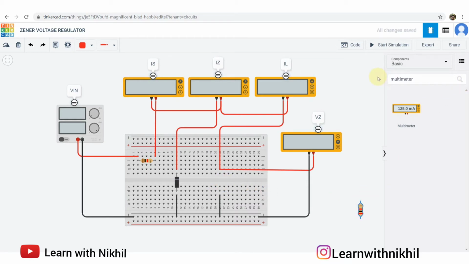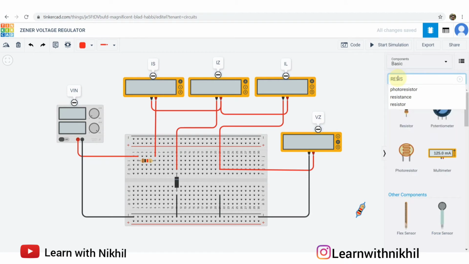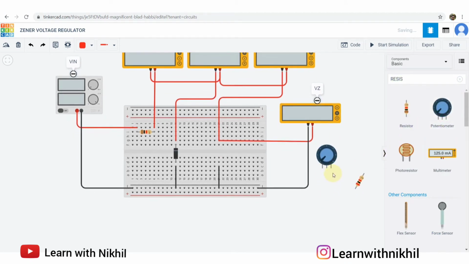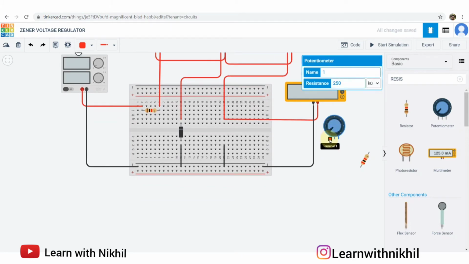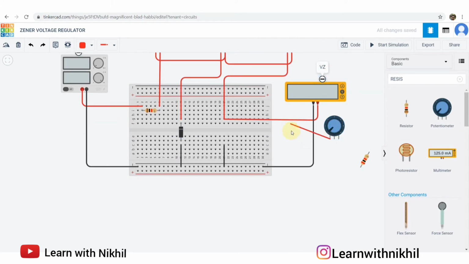I'll get a variable resistor, a potentiometer. I'm considering the potentiometer as a variable resistor. I'll attach one terminal of the potentiometer here, and the other end, the wiper end, I'll attach it here, or you can attach this directly to ground.